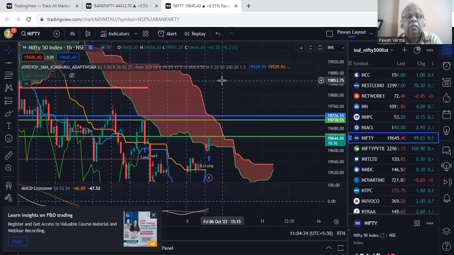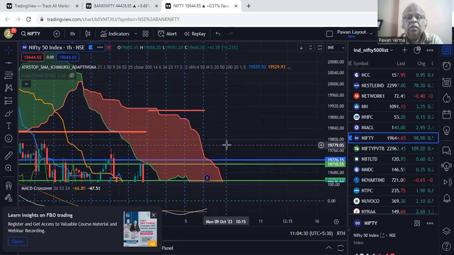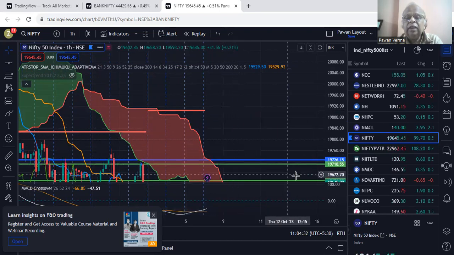Now we will discuss the target. What should be the target? The first target, what I have told you, is that Nifty can reach up to the level of 19,726 from this level.